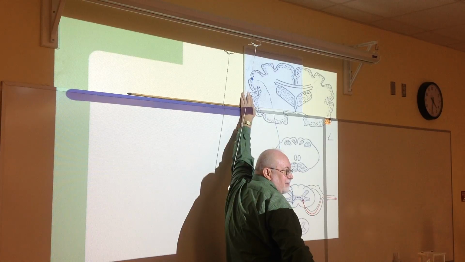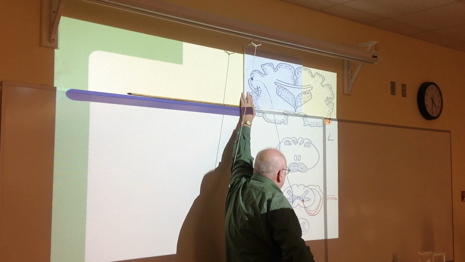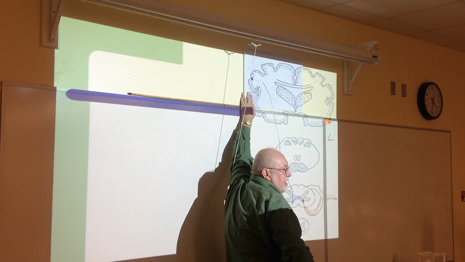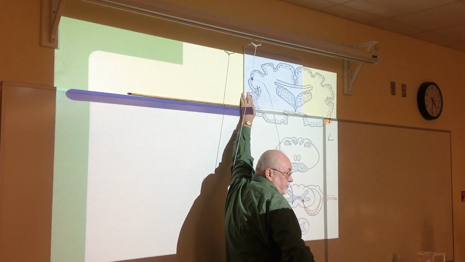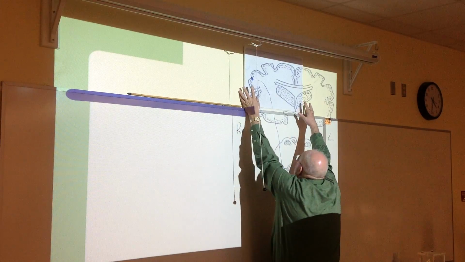Now, what could be simpler than that? Remember, what are we moving here? We're moving muscles either in the neck or the thorax. So really most of the motor impulses to muscles use the lateral spinothalamic tract.